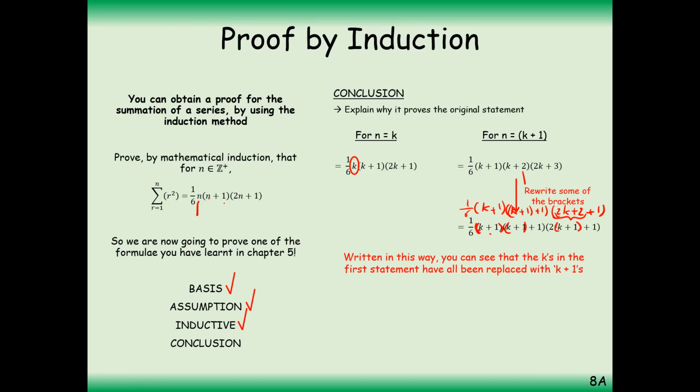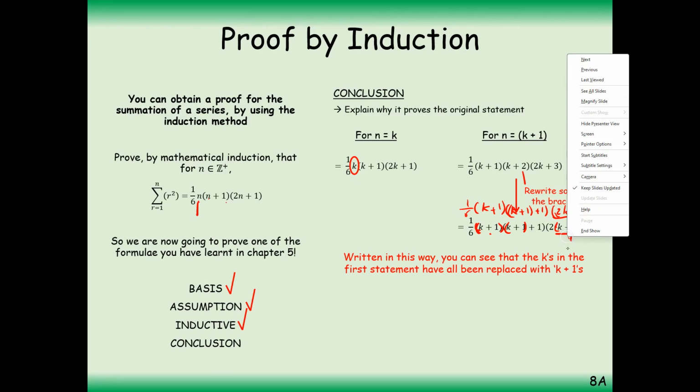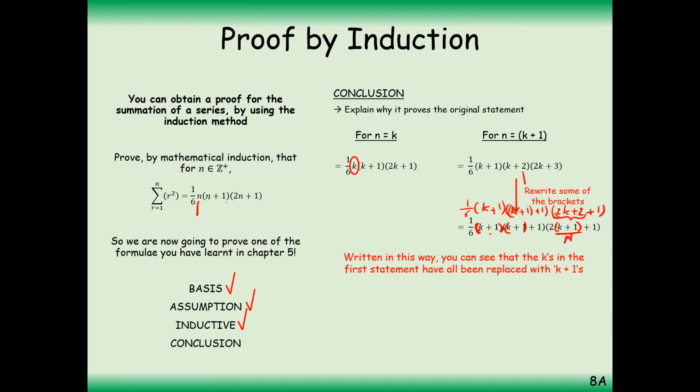When we had n plus 1, we have k plus 1 plus yet another 1. And where we had 2n plus 1, now we have 2 in front of this bracket here, which is representing our next term. That's why it has to be k plus 1.